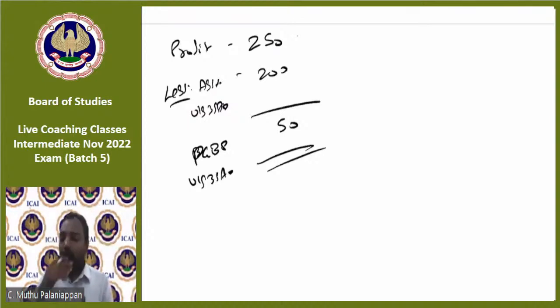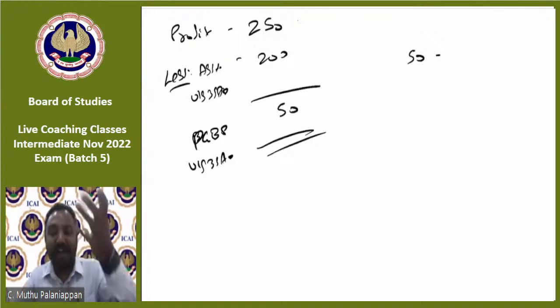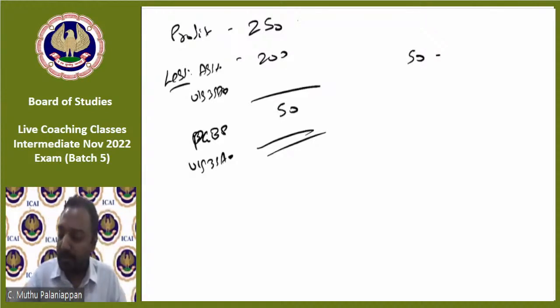Now what the provision says is, compute tax on 50. Let's keep a flat 20% for understanding purposes. On this 50, 20% is basically 10, right? So my tax on this 50 is 10. So this is the regular provision.